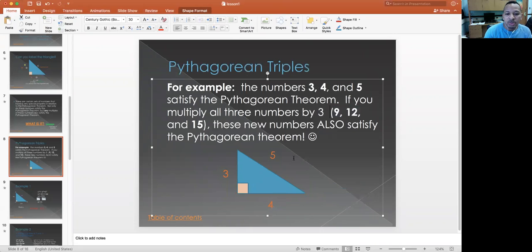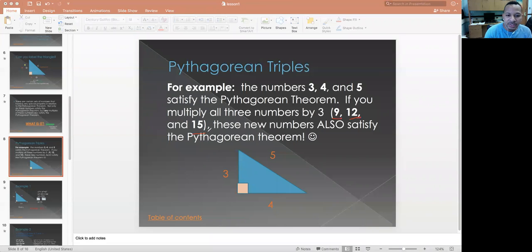If you multiply each of these by 3, you get another Pythagorean triplet of 9, 12, 15. That would also work: 9 squared plus 12 squared would be equal to 15 squared. So any number that you multiply this triplet by will produce another Pythagorean triplet.